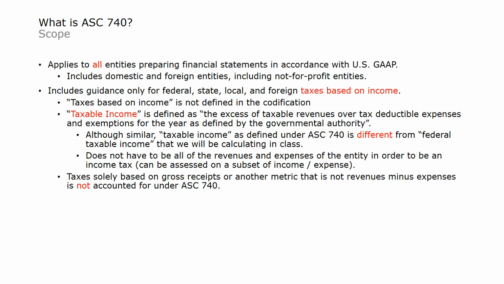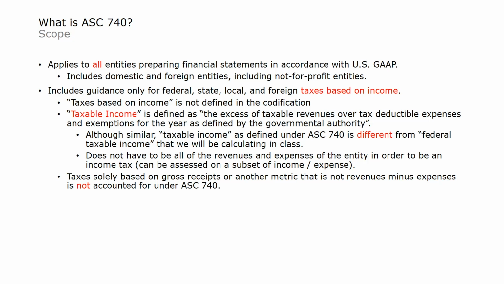The last bullet point here: taxes solely based on gross receipts or some sort of other metric that's not revenues minus expenses are not accounted for under ASC 740. There's a lot of misconception out there, and a lot of people do it wrong, where they think that any tax assessed by a jurisdiction that a tax return is filed for is going to be accounted for under ASC 740.